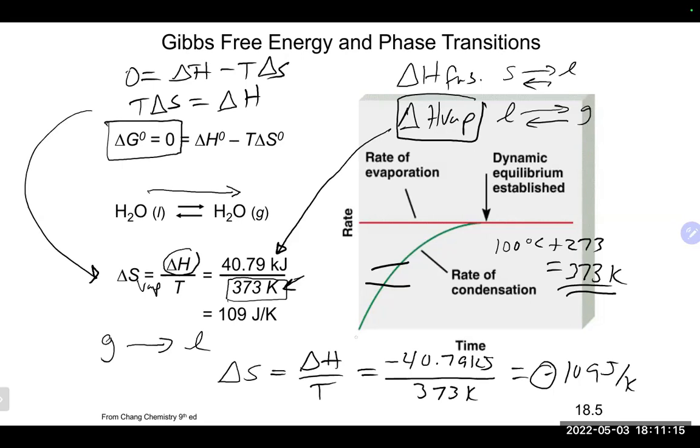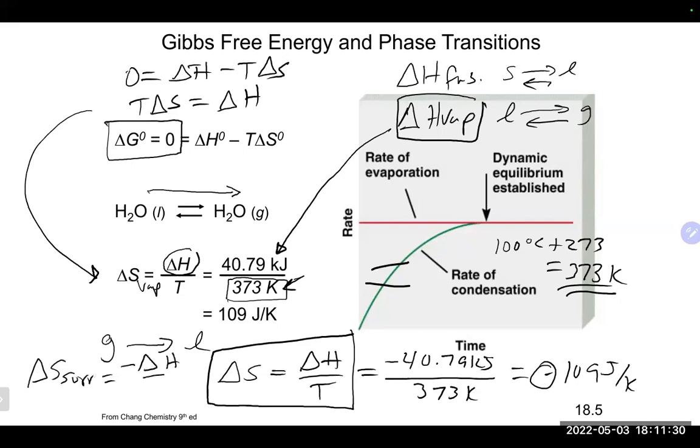Also, a side note here that this equation right there may look familiar to you. We saw an equation just like it when we calculated the delta S of the surroundings, which is actually negative delta H over T. This one here, if you're calculating the delta S of the surroundings like we did earlier, has the negative sign. That is that opposite relationship we talked about as energy goes to the surroundings.